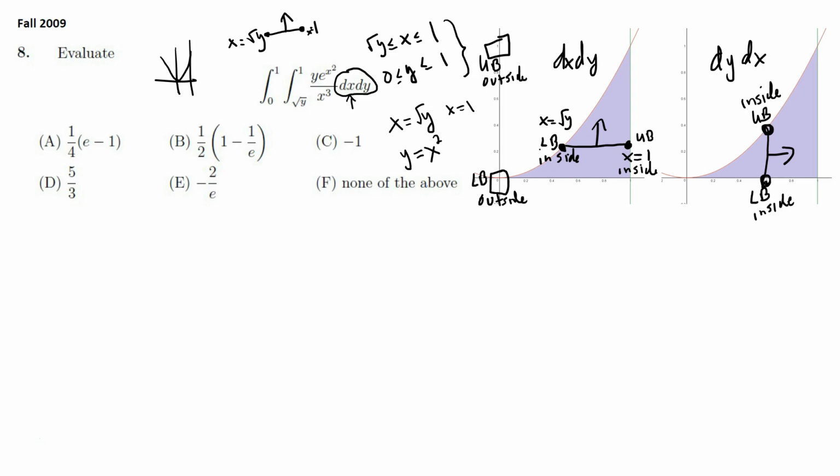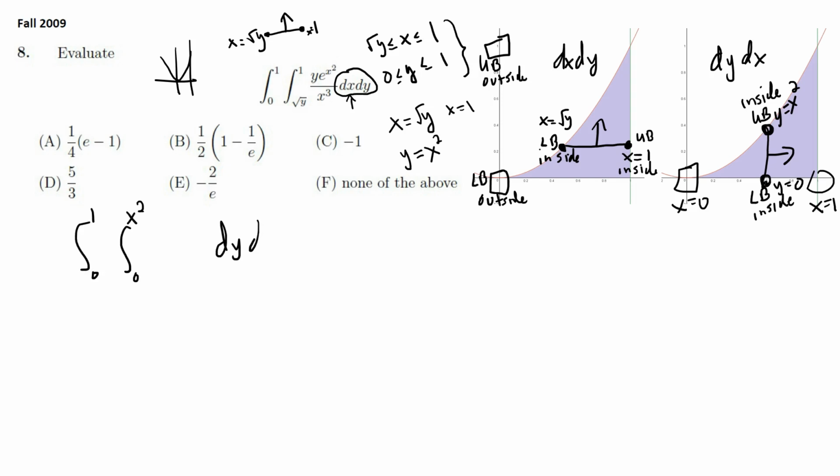The lower bound, as you move this throughout the region, is going to be y equals 0, while the upper bound is going to be the parabola y equals x squared. Then this gets moved from x equals 0 to x equals 1. So you have outside bounds of 0 and 1, inside bounds of 0 and x squared.